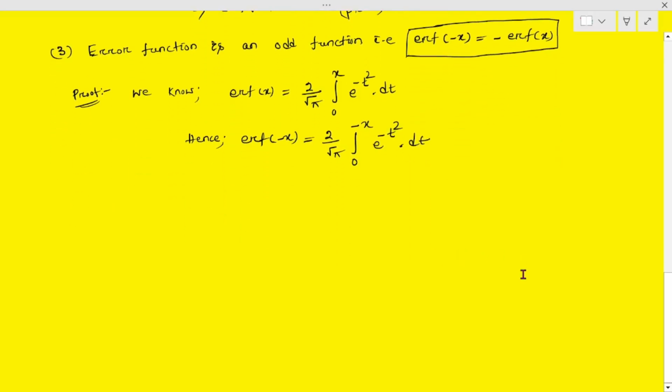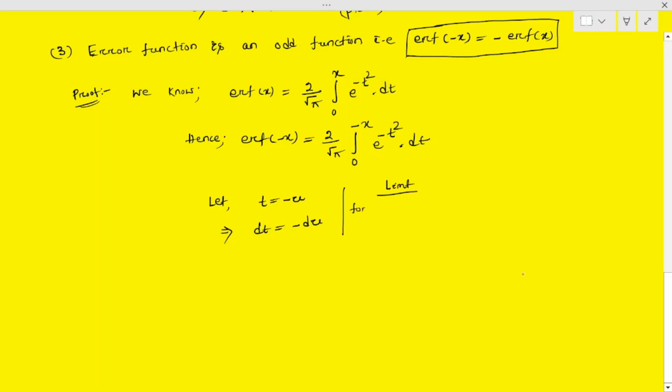Now let us consider t equal to minus u. That implies dt equal to minus du, and if t equals minus u, obviously u equals minus t. Now we are going to calculate the new limits.